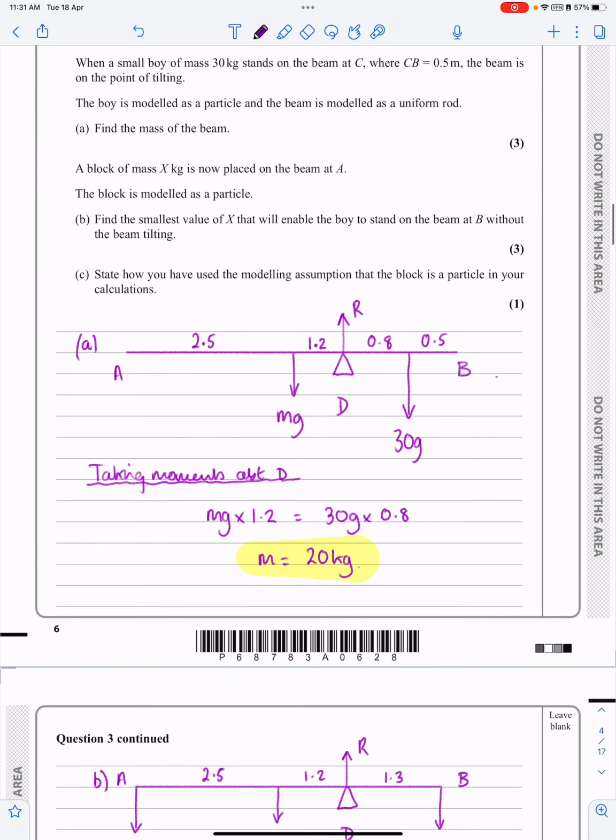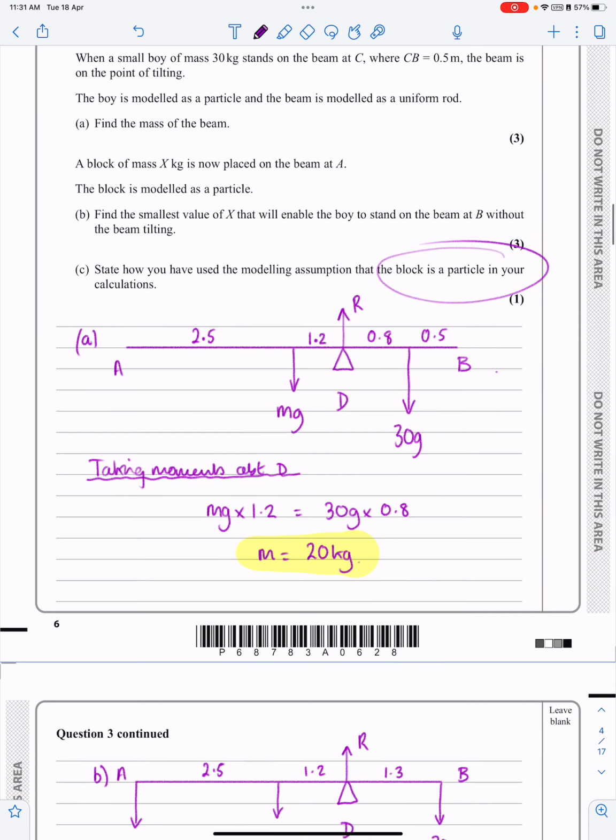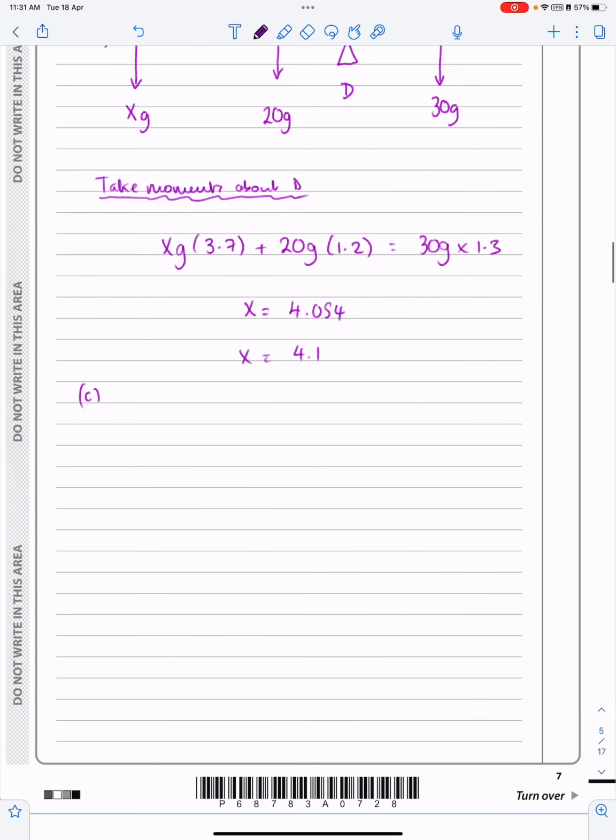Part C, it's one of our classics. It says, show how you've used the modelling assumption that the block is a particle. Well, for all those people that were in the lesson, pretty much the penultimate lesson that we did, I wrote all of these out for you. So, who is it that's acting as a particle?